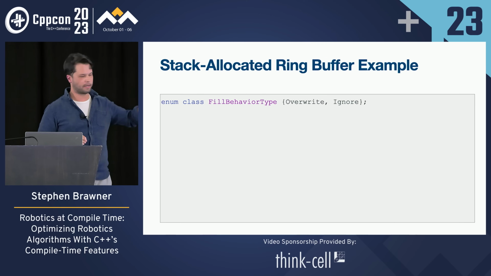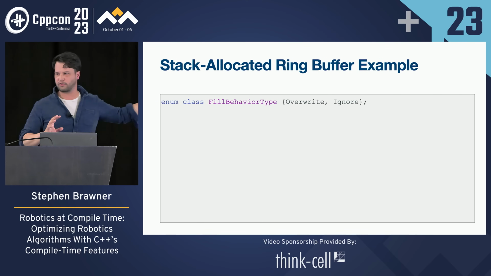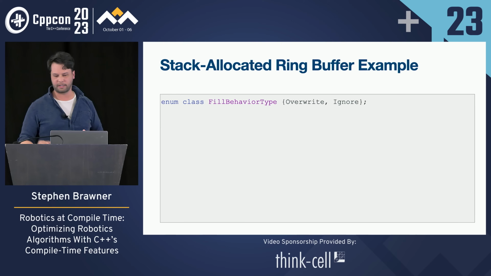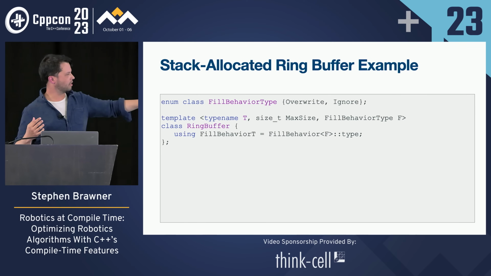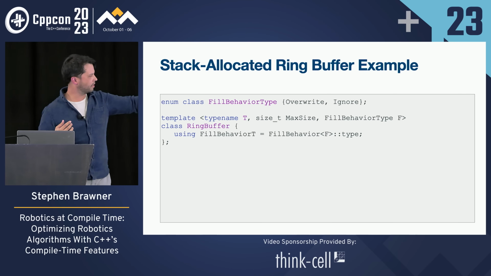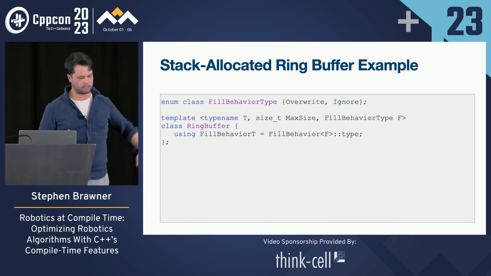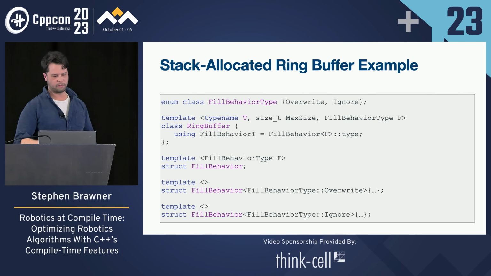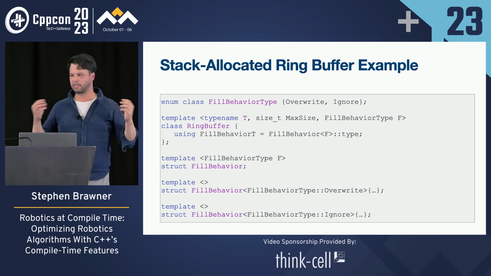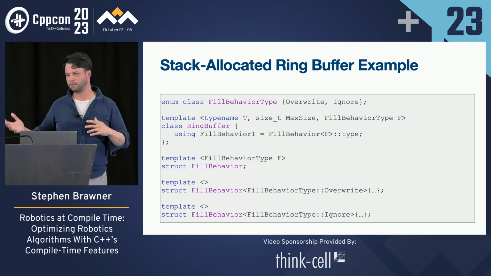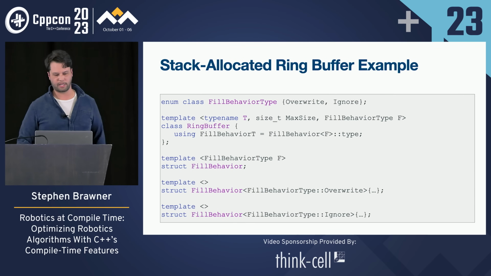So in this case, I'm saying, all right, we're going to switch to an enum class, and now you can override or ignore. We're going to do a lookup of the fill behavior using that enum class. And then we can just do template specialization to make sure that the behaviors that I wrote are the ones they're allowed to choose, and they're not really allowed to do much more than that.